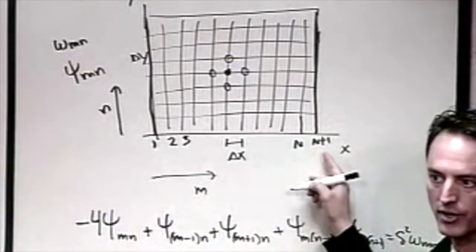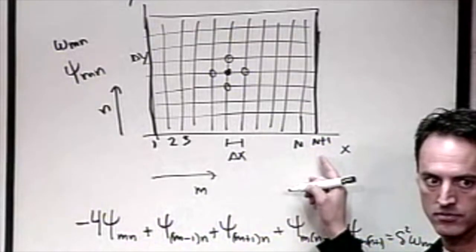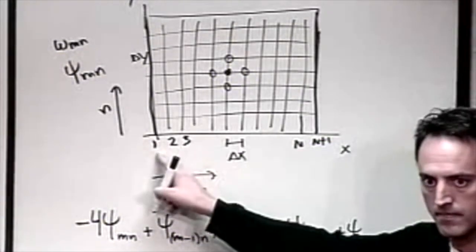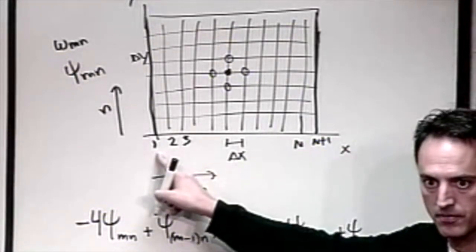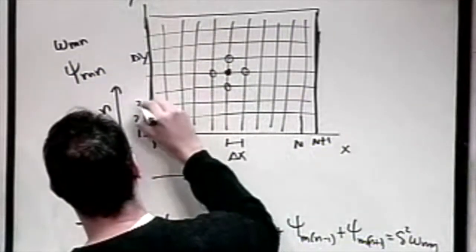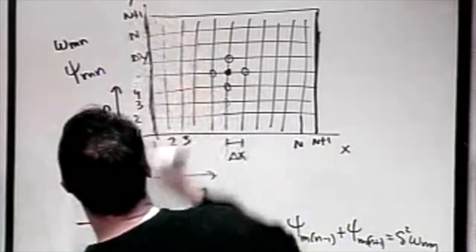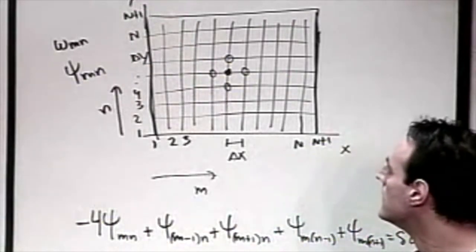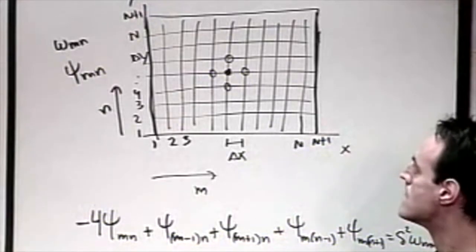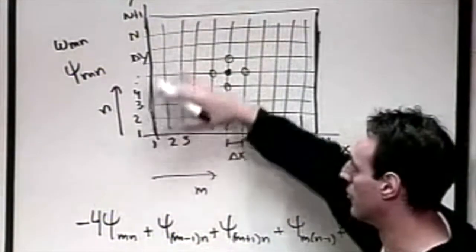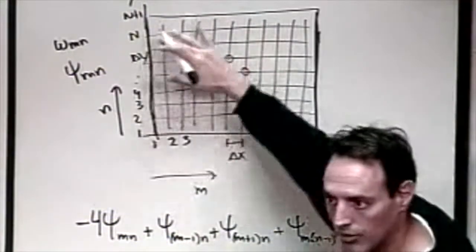You don't need to solve for n plus 1, because it's the same as 1. That's what periodic means. Same thing in the y direction: 1, 2, 3, 4, all up to n plus 1. This is identical to this, so really you only have to solve for 1 to n.